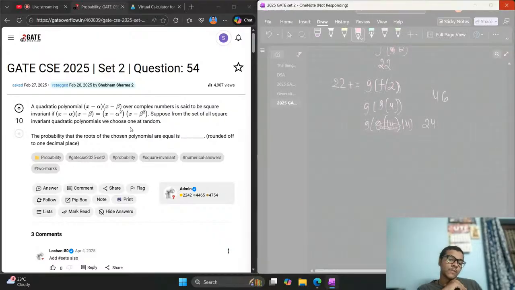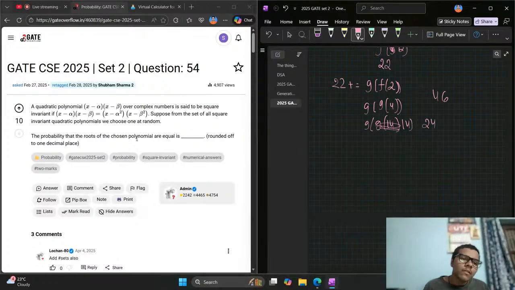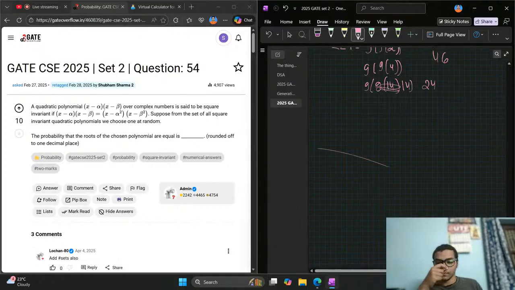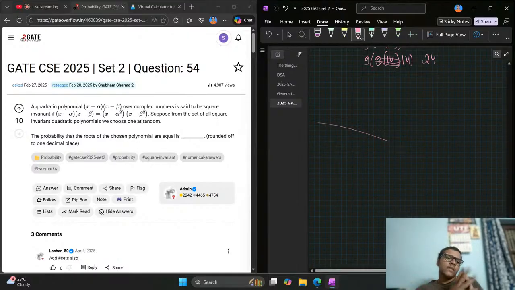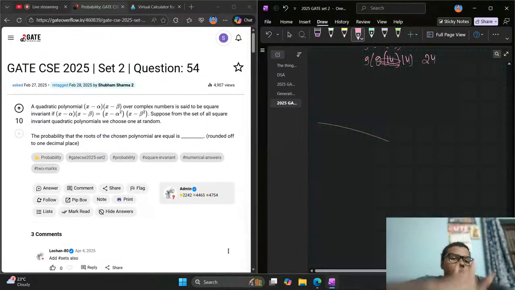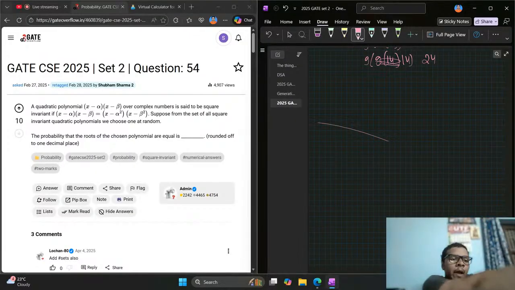A quadratic polynomial over complex numbers is said to be square invariant. Suppose from the set of all square invariant quadratic polynomials, I don't know. That is a quadratic polynomial over complex numbers, I say.